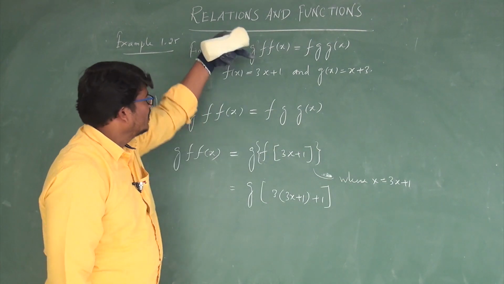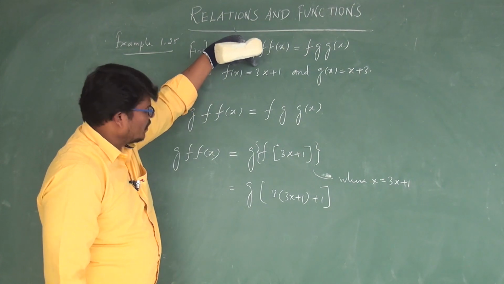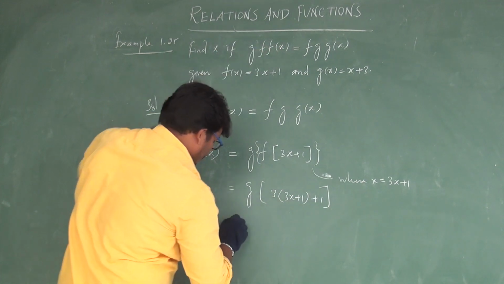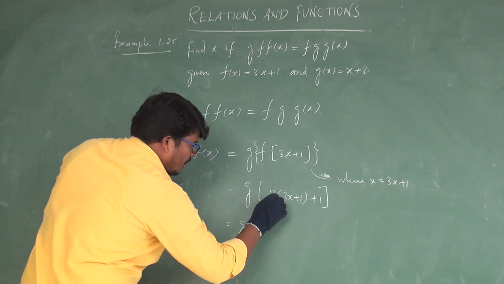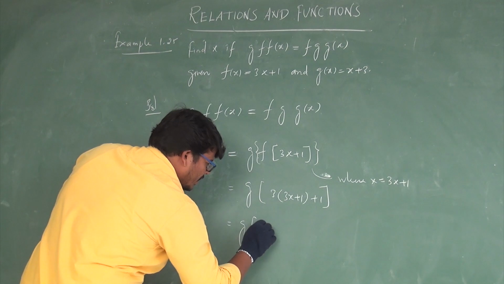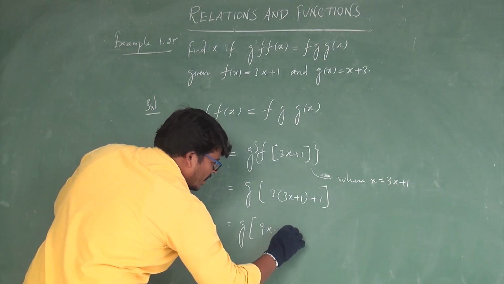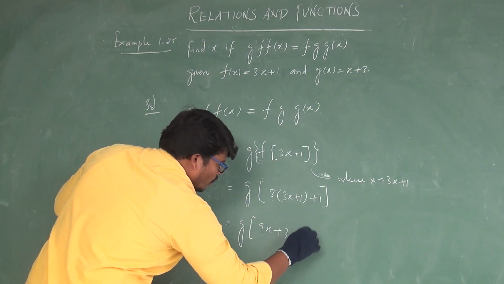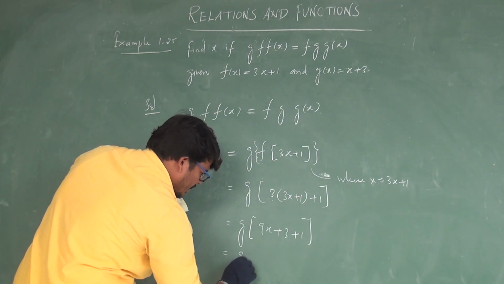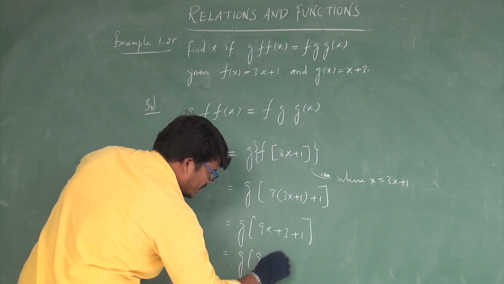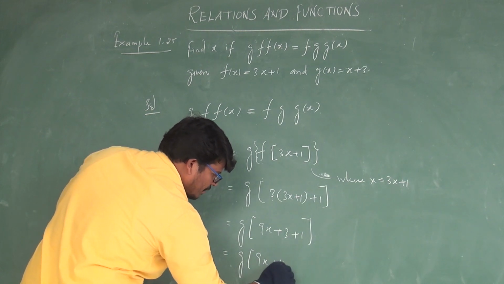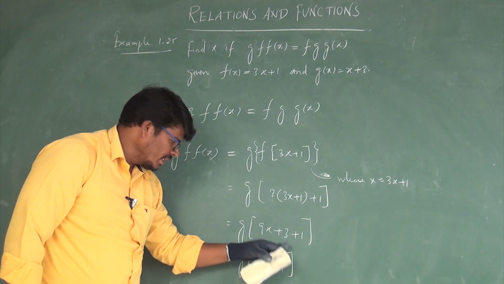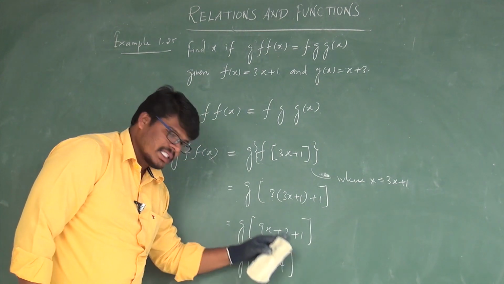Multiply by 3: 3 threes are 9x, 3 ones are 3, plus 1. That is g of 9x, 3 plus 1 is 4, so g of 9x plus 4.